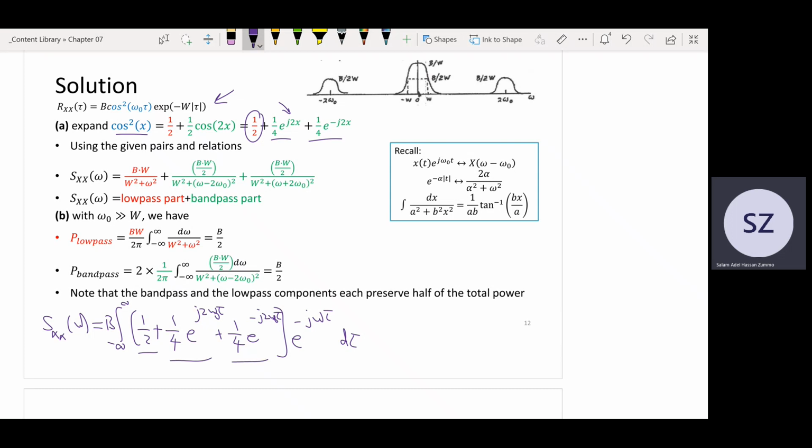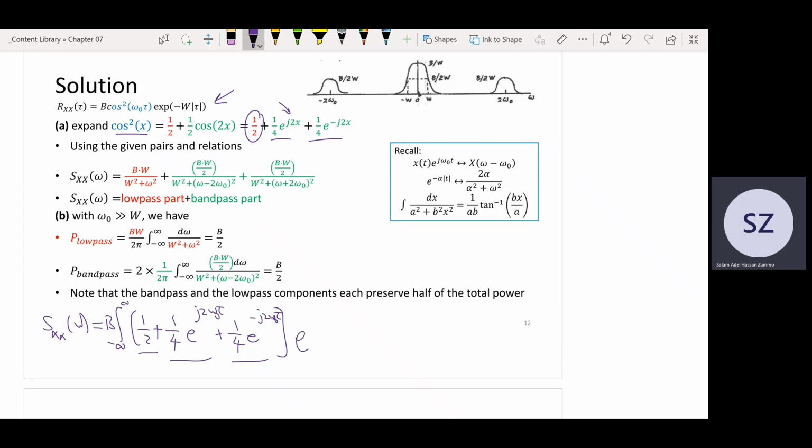If you notice, this one is at zero frequency, which is the baseband. This is at which frequency? 2 omega 0, right? And this one at which frequency? Minus 2 omega 0. Okay? And by the way, we forgot something. There's still the exponential part.